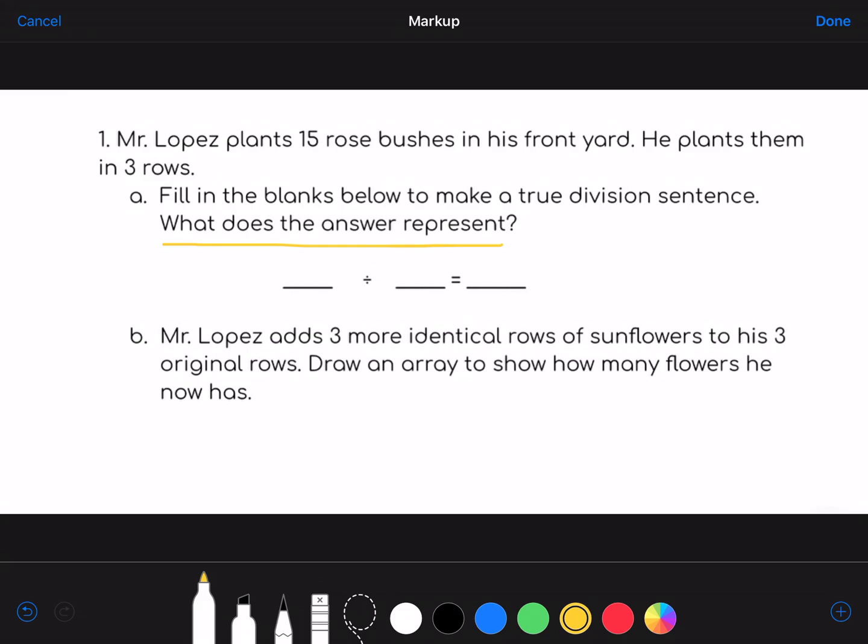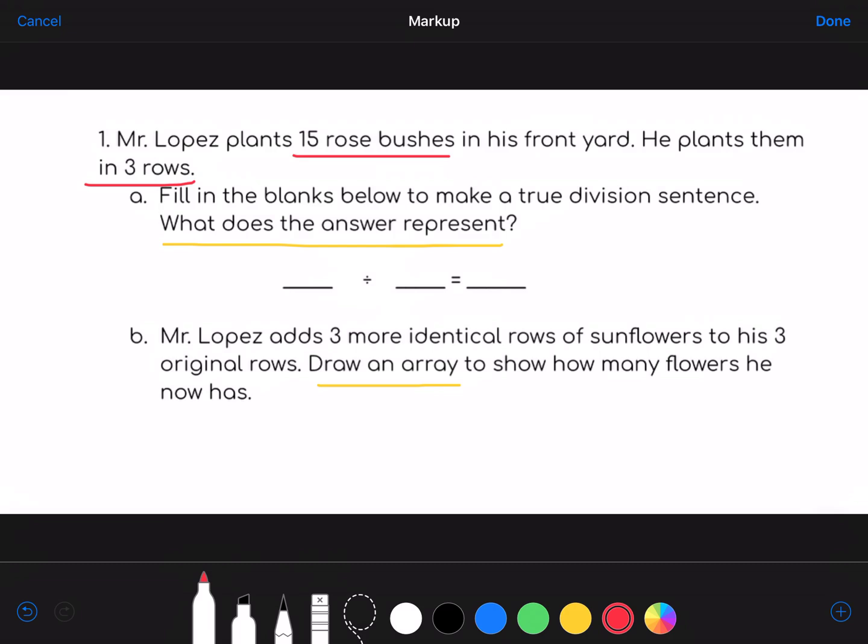If you don't know a division sentence, then you may need to draw an array first. Now, I just happen to know that in part B, we're going to have to draw an array anyhow, so I'm just going to start that now. It says Mr. Lopez plants 15 rose bushes in his front yard, and he plants them in 3 rows.